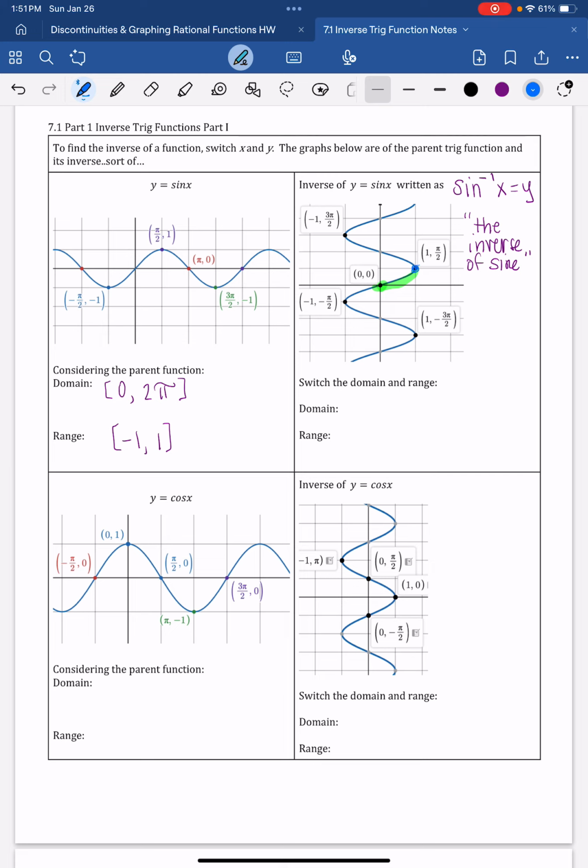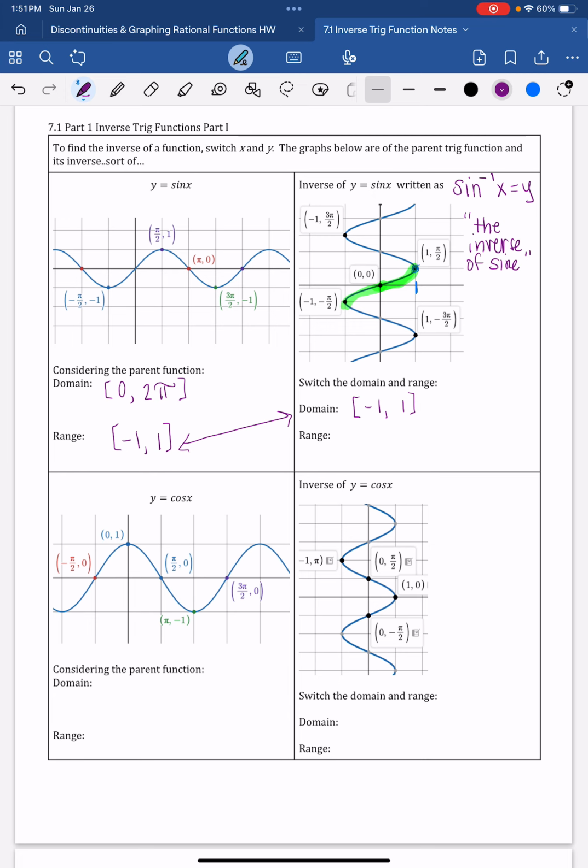But you'll notice that if this is the point 1 right here, that only includes positive sine values. So the rest of my inverse sine curve comes down. And what I have here highlighted in green is the inverse sine function. Its domain is from -1 to 1, so you switch domain and range.